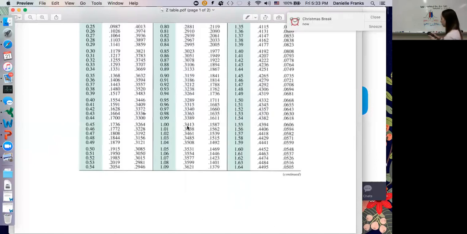When you add those two numbers together, 0.3413 plus 0.3413, we get 0.6826. So we can find the probability between two z-scores by using that mean to z column like that.